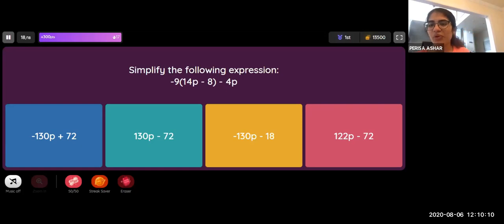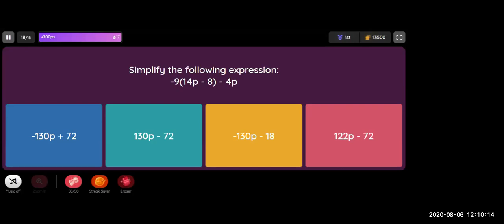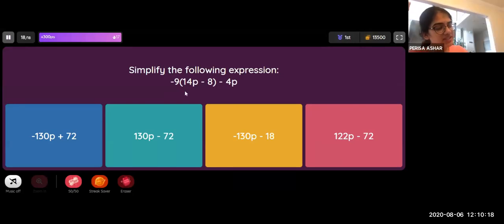Okay, Jeev kind of went through the whole thing, but Avi said one definite answer. So he is correct. The answer is negative 130p plus 72. The reason why is because you first have to multiply 9 and 14, which may have been hard for a few of you guys, but 9 times 14 is 126, but there's a negative sign in front of 9, so it's negative 126p.